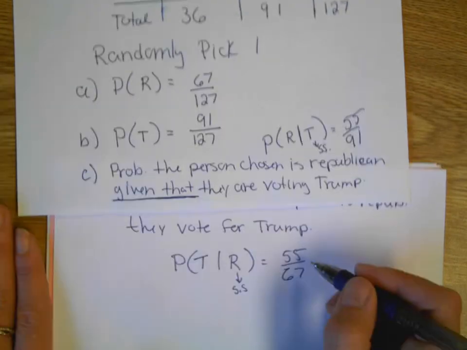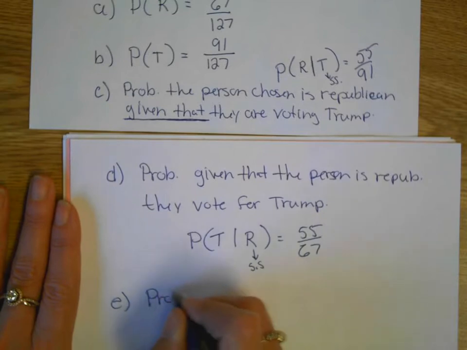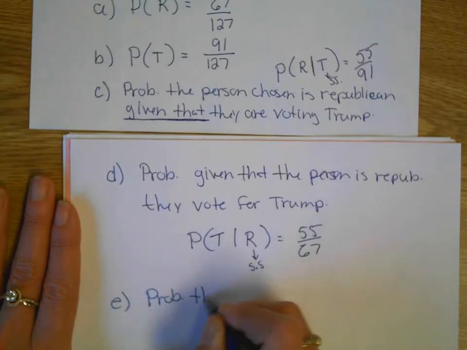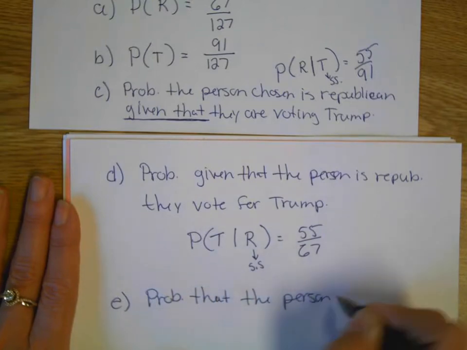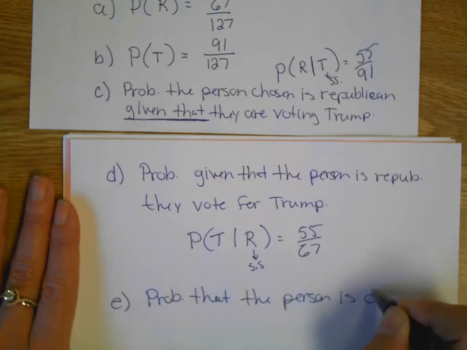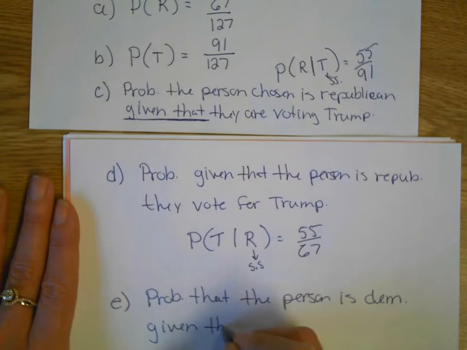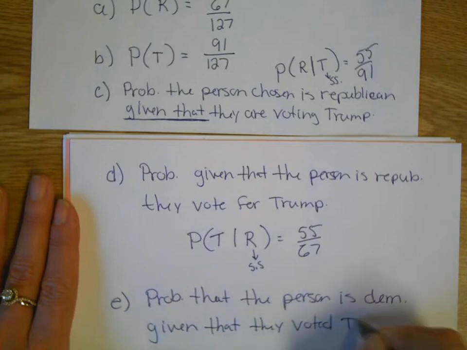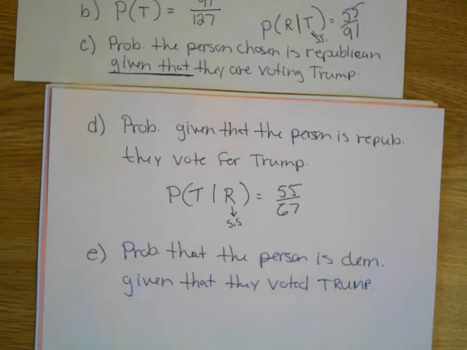Okay, I'm going to have you do the next one all on your own. Find the probability that the person is a Democrat, given that they voted for Trump. See if you can get that one on your own.